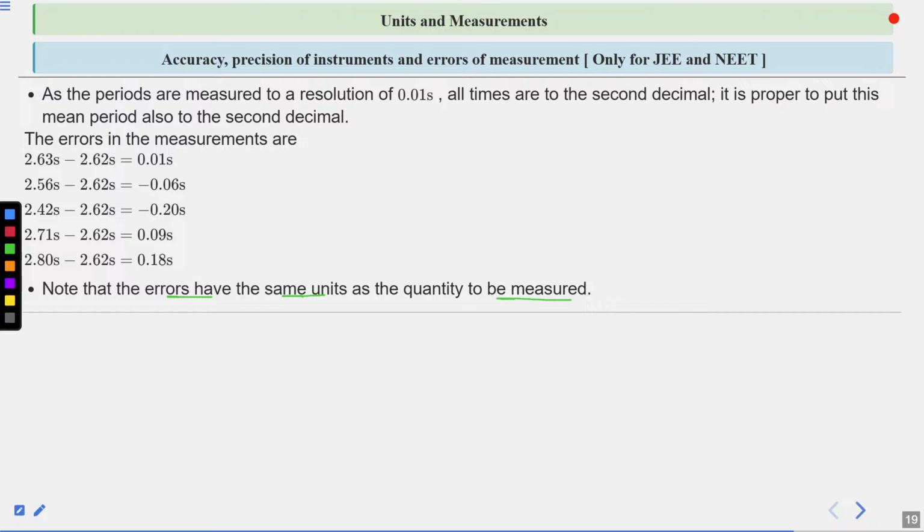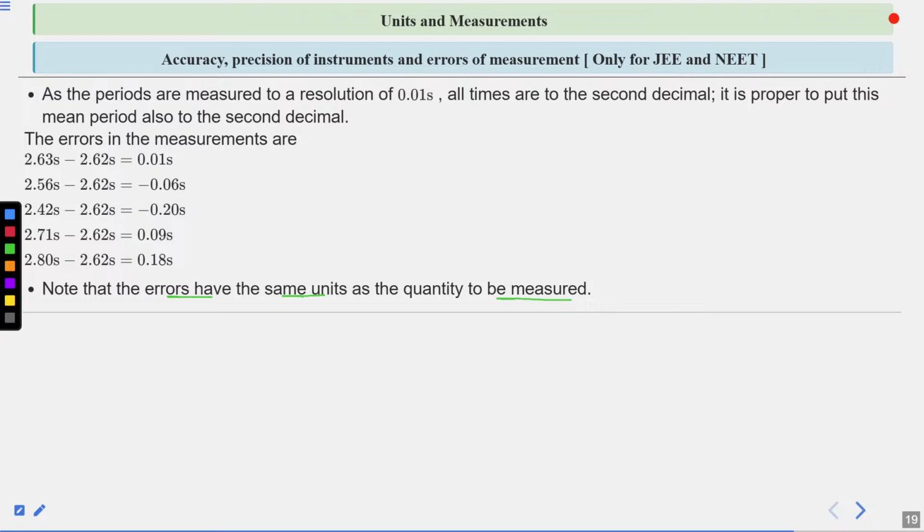If you have any doubt regarding errors of measurements, please ask. About the dimension, we will learn in next class.